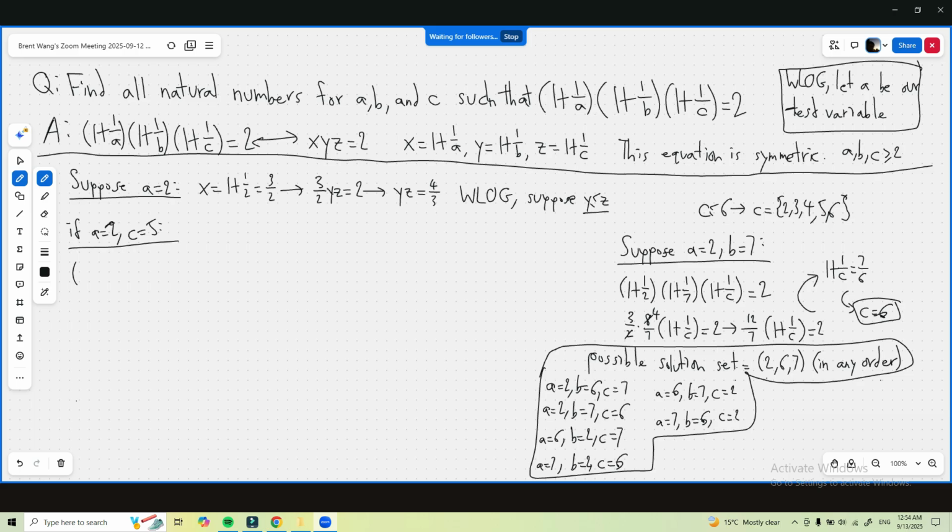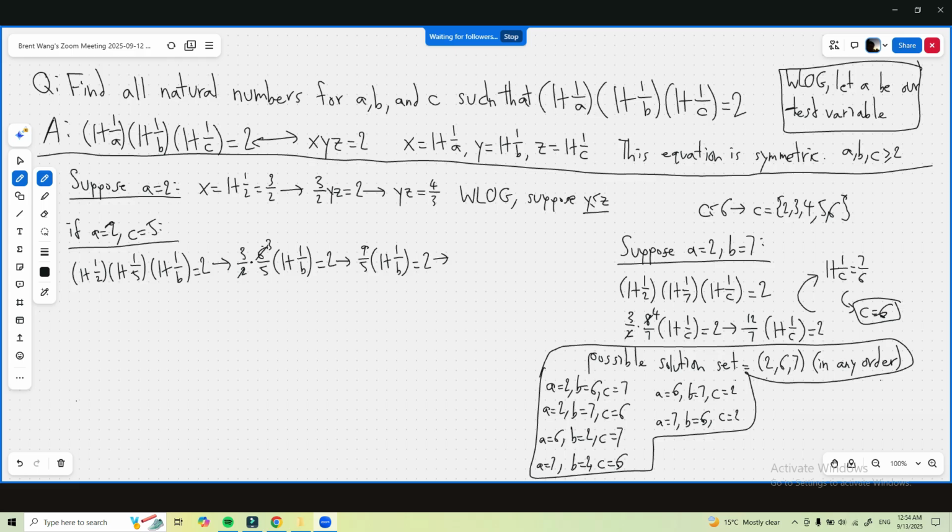Then you'd have 1 plus 1 over 2, 1 plus 1 over 5, and then times 1 plus 1 over b is equal to 2. So then this is 3 over 2 times 6 over 5, times 1 plus 1 over b equals 2. Then this is 3 and 1, 9 over 5. 1 plus 1 over b is equal to 2 times 5 over 9.